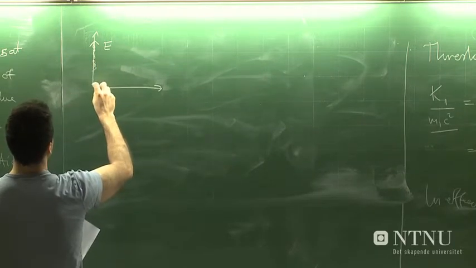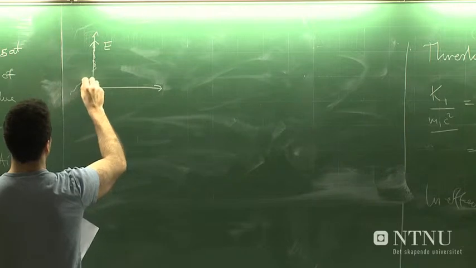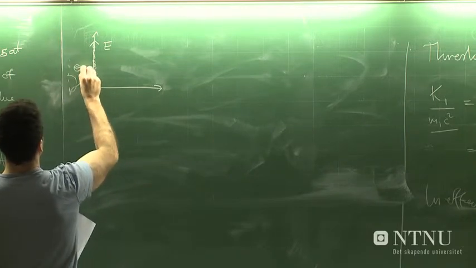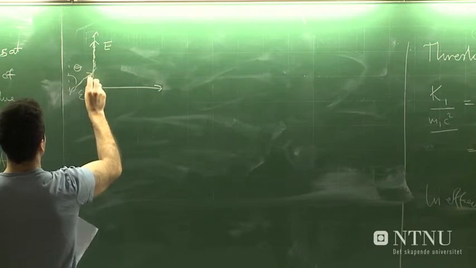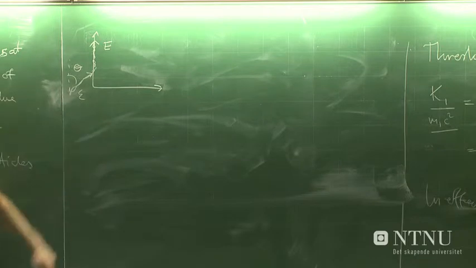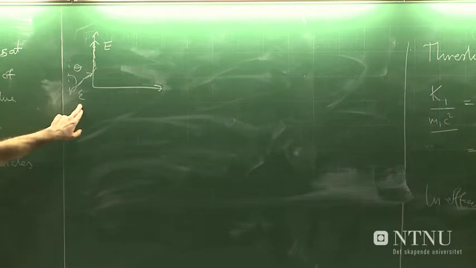And say the photon is, so you have one photon going here, another photon coming in here, hitting it at an angle theta. So what is the minimum value of epsilon that enables us to produce a pair of particles with mass m?